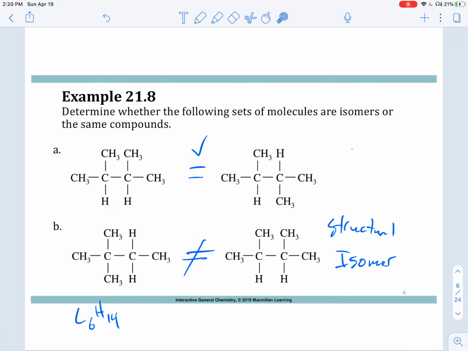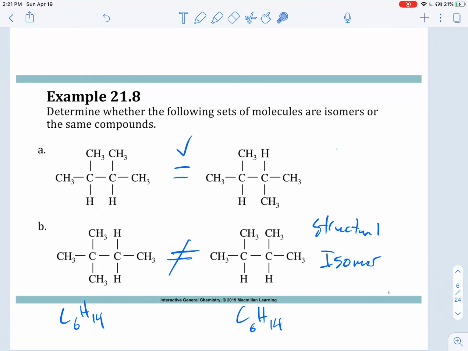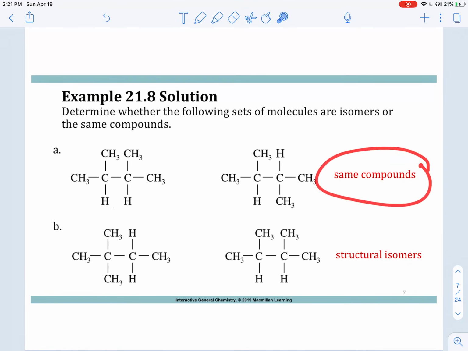And then over here, we have 1, 2, 3, 4, 5, 6, and 3, 6, 9, 12, 13, 14. Yeah, same chemical formula overall, but spatially, we have a new connection. Instead of just an H here, we moved that to this side, and we took one of those H's and put it down here. So structural isomers.